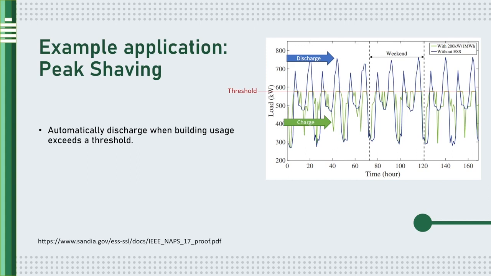This is typically dollars per peak kilowatt, sometimes 10, sometimes 20, sometimes $30 per peak kilowatt. It's almost as expensive as running your entire building on AA batteries for 15 minutes. So it's very pricey.